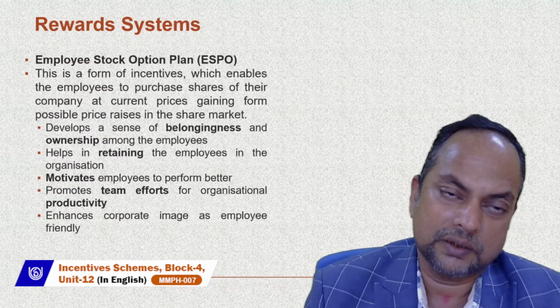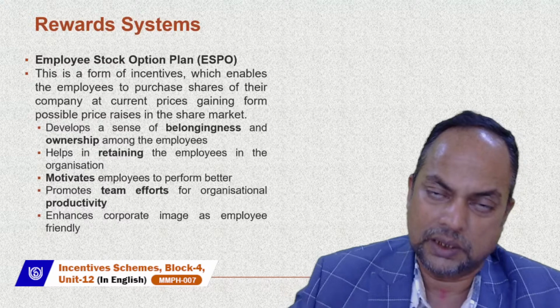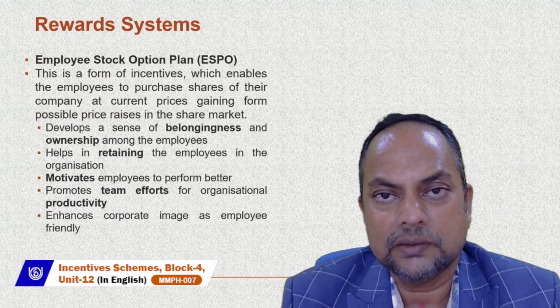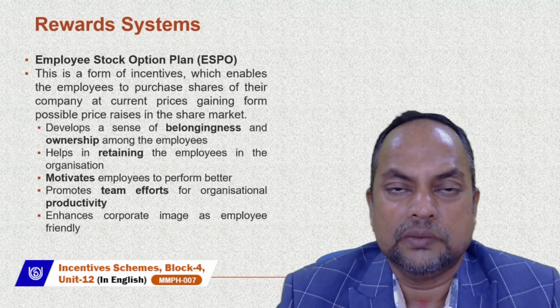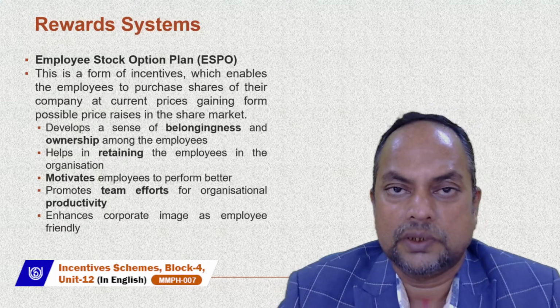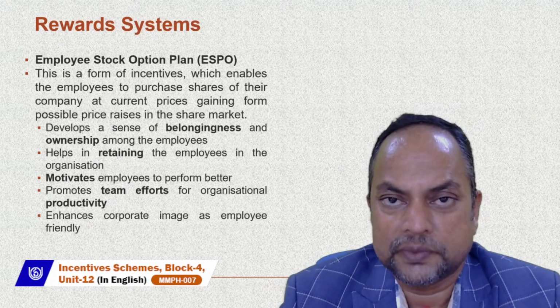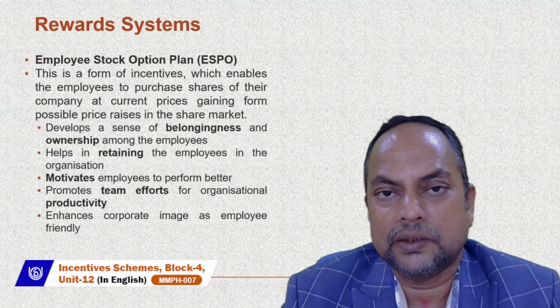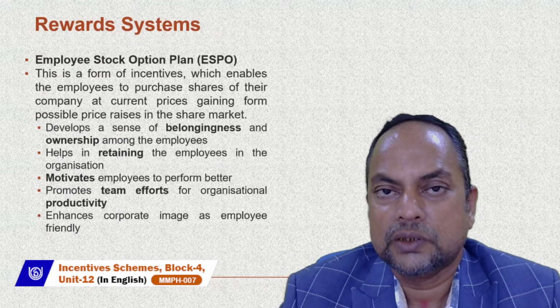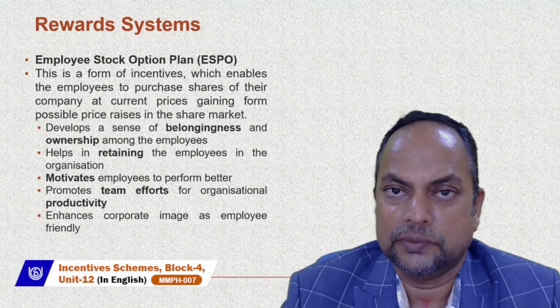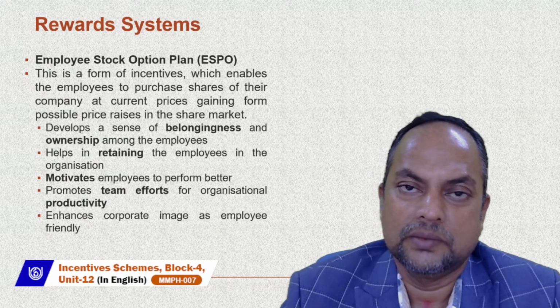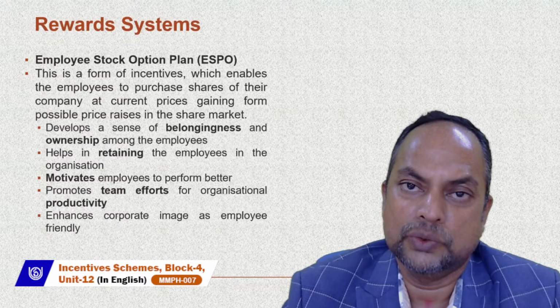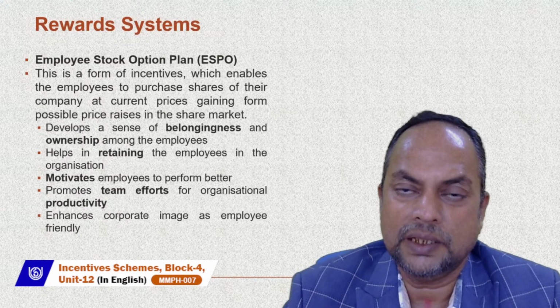If the market price is say 100 rupees, maybe the organization will issue these shares at 50 rupees. So if you are liable to get some 5,000 rupees bonus, and 100 shares are issued to you at 50 rupees, right?